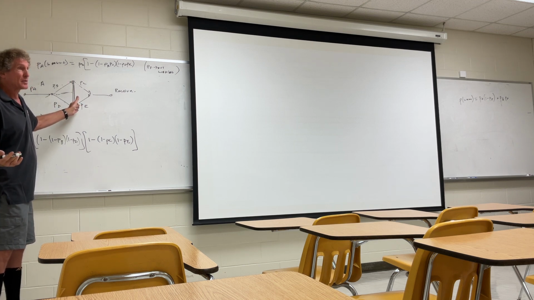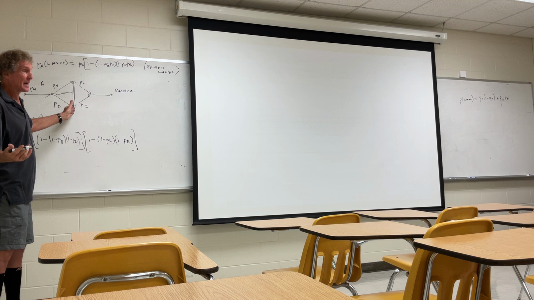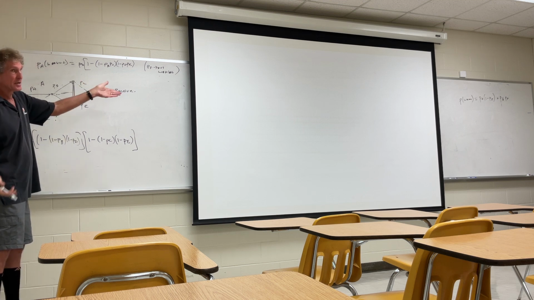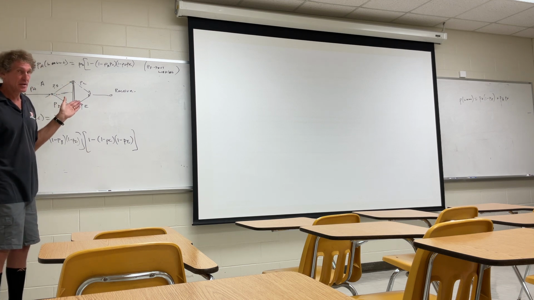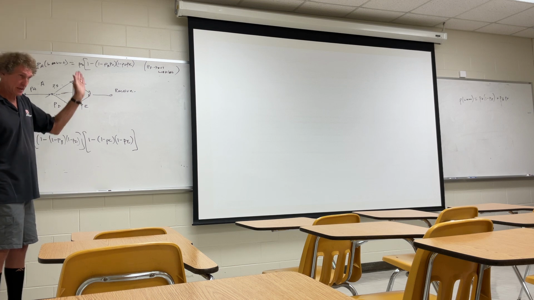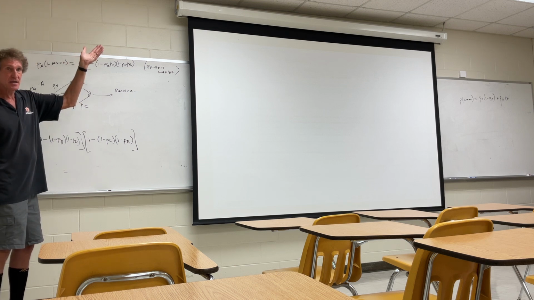Now I got to find the probability if the system works for that one. So find the probability of A, then times 1 minus the probability, because that's the probability of it not working, right? Plus the probability of A bar, or the probability this thing is working, times the probability of the middle link, P of F working. Can you see the rationale on this? Let me see your hands if you can.